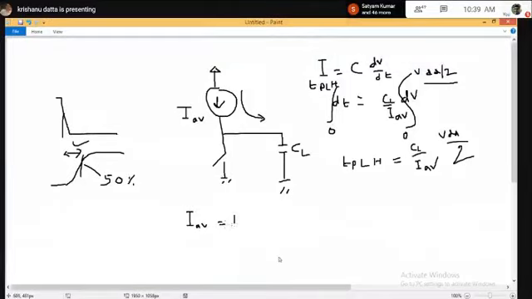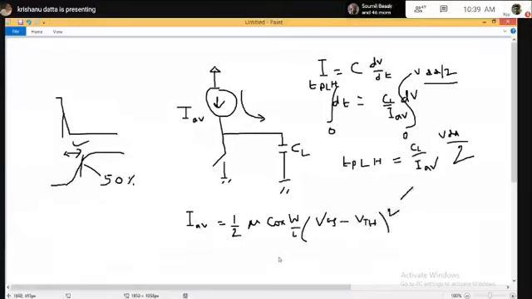I equals half mu Cox W by L (VGS minus VT) whole square.